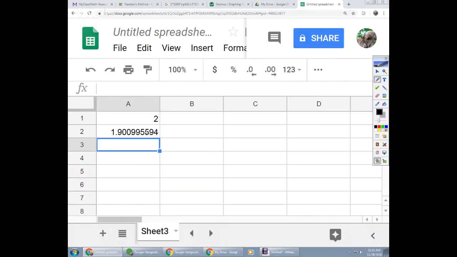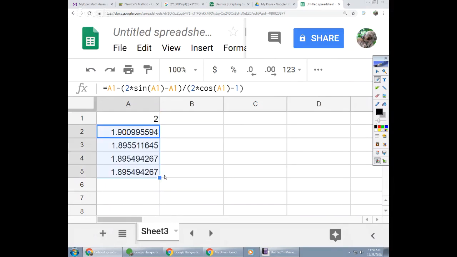And the cool thing is once you type it, you just drag it down, and hey, look at that. After the 5th time, it runs out of accuracy. It says, this is the best I can do.